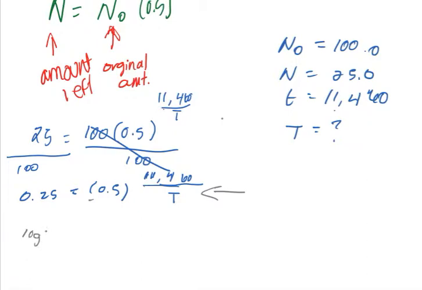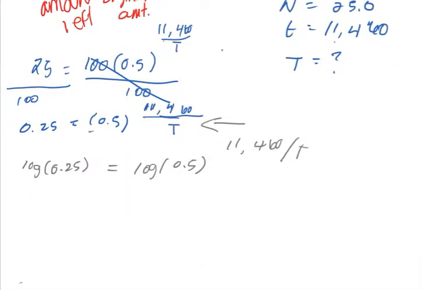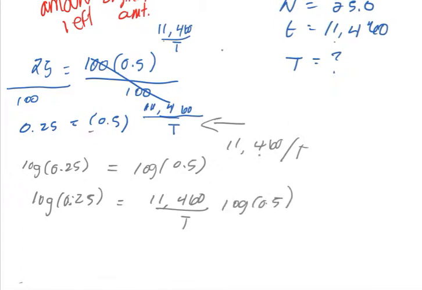So I get the log of 0.25 is equal to the log of 0.5 raised to the 11,460, all divided by T. Now, by using that special property, the power property, I'll be able to rewrite it like this. Log of 0.25 is equal to 11,460 divided by T times log of 0.5, because that property says that I can take this exponent and bring it down.